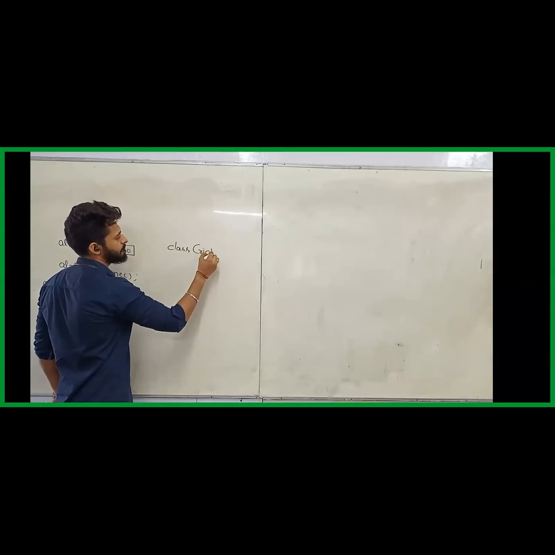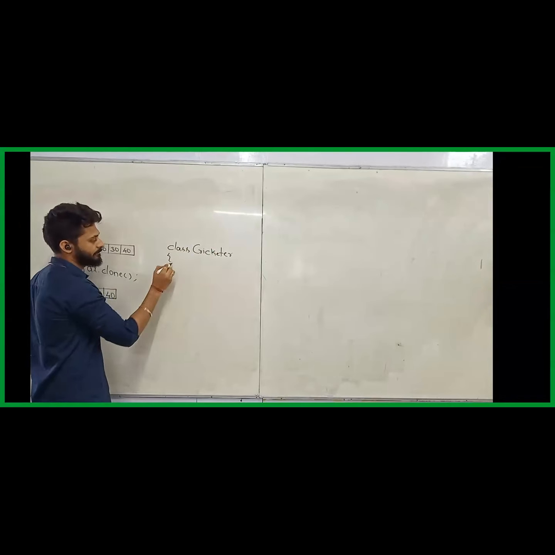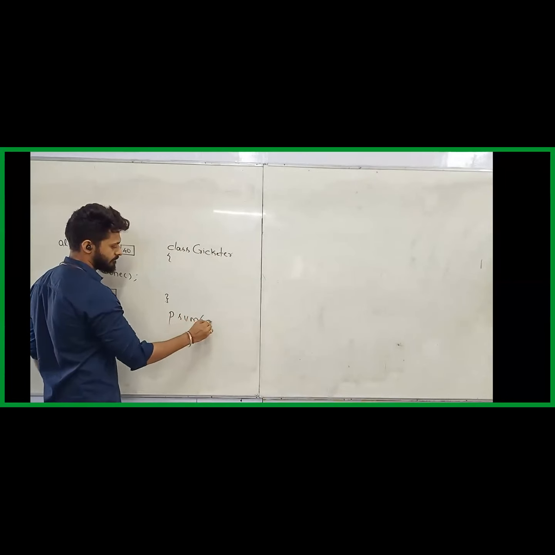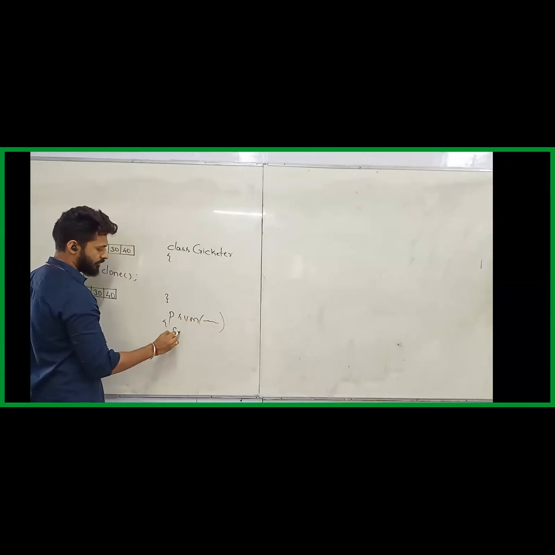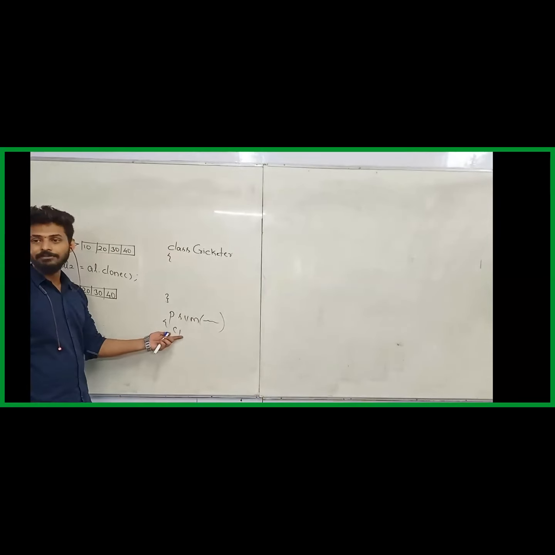Now, in the previous class, I have created one class called class Cricketer. Inside the main method, what I have done? C1, C2, C3, I have created, yes or no? Now forget about that part. Now I am having C1.